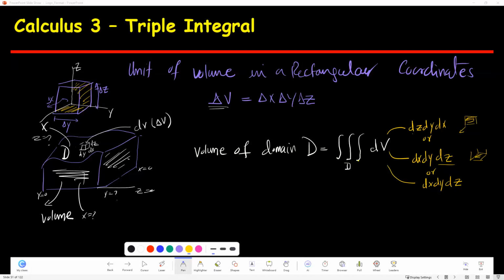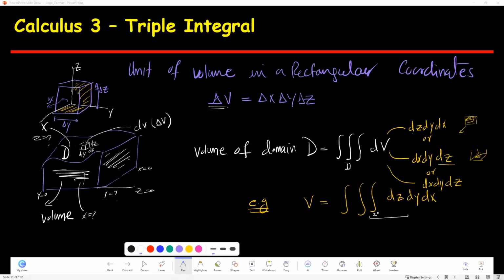So I can also write, for example, volume equal to triple integral of dz dy dx. If I say dz, I'm going to be substituting the value of z.